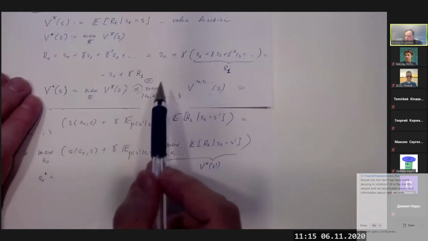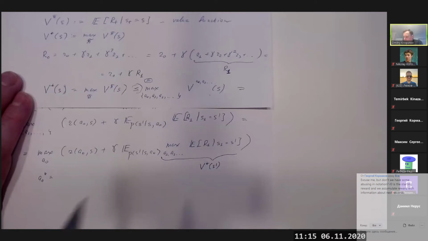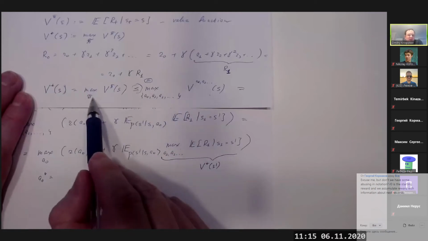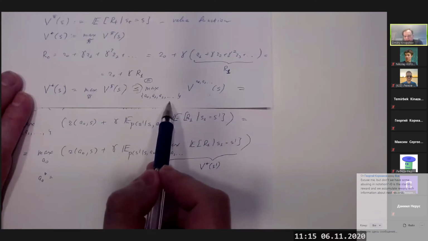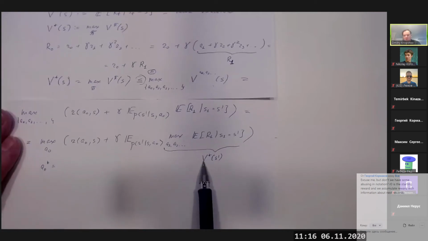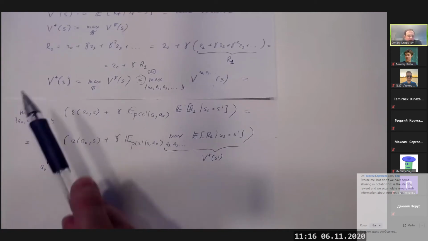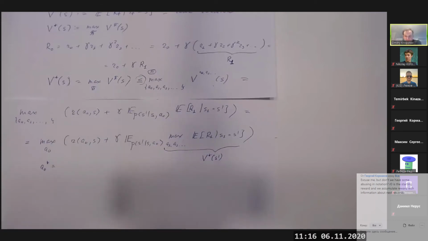So the true maximum over all possible actions is reached only on consistent policies. So you are not able in this maximum to choose different actions in the same states. That is what I'm going to prove now. So for now, you may think that this is not the V function, but a V function that is formulated in terms of independent actions.